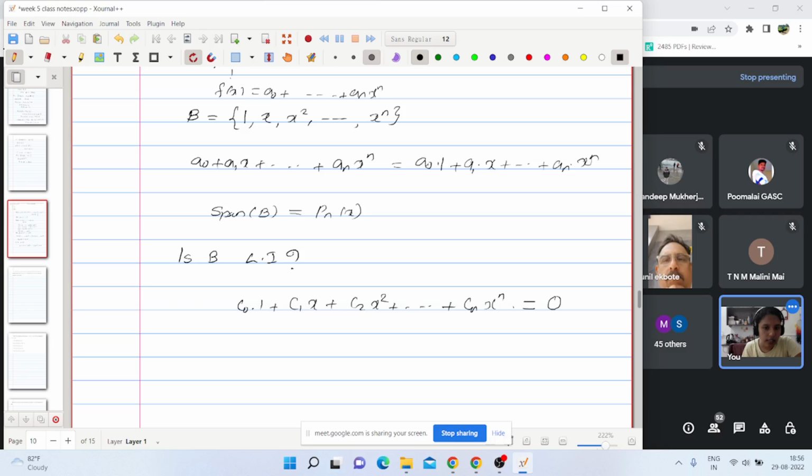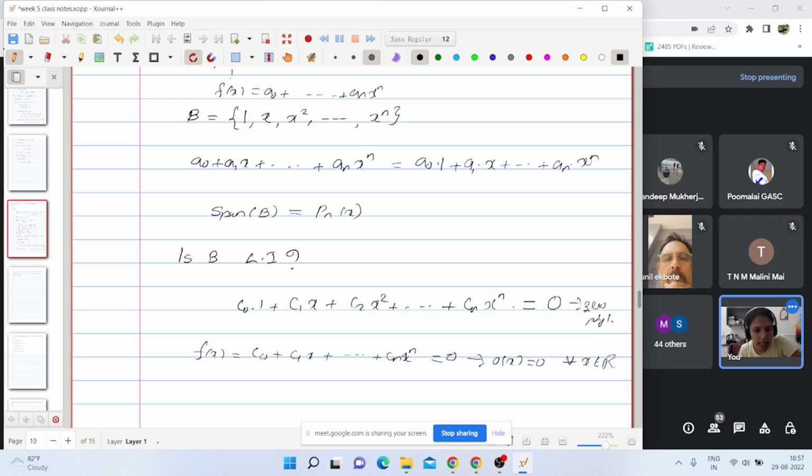Now, let me take f of x equals C0 plus C1 x plus etc. plus Cn x power n, and we know that this is the 0 element. What does this mean? It means 0 of x equals 0 for all x in R. So if I take any x in R, C0 plus C1 x plus etc. Cn x power n is 0.